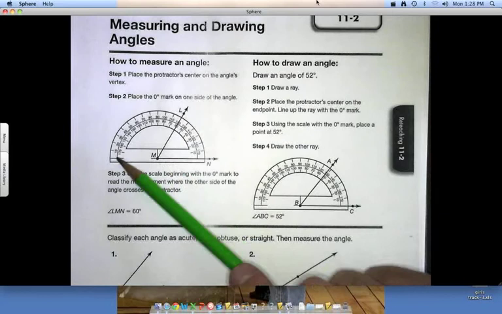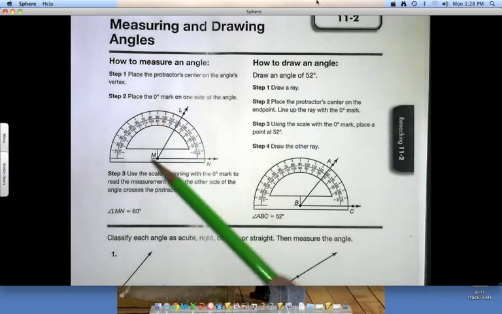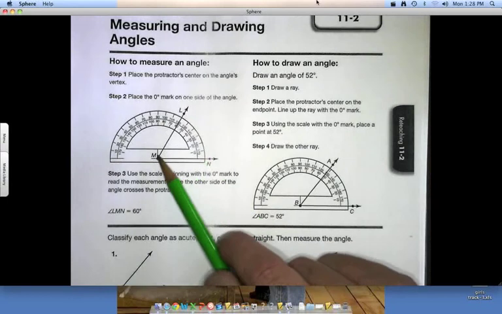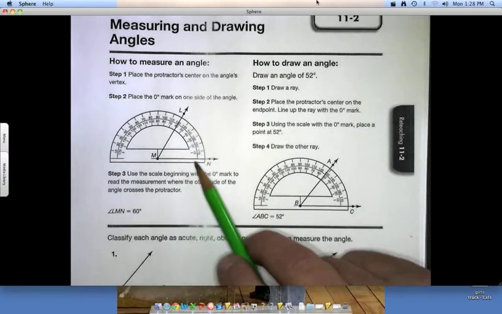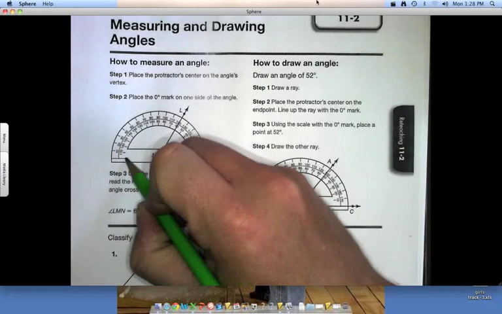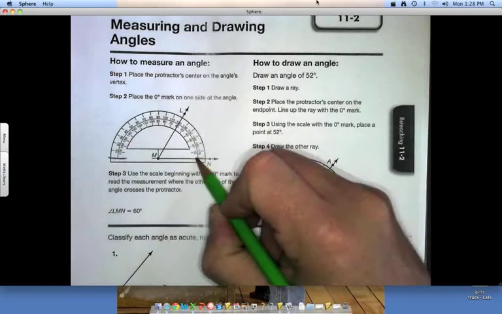So you place the protractor so that the center of the protractor is on the angle's vertex, and then place the 0 degree mark on one side of the angle. So this is the 0 degree mark right here. It's also 0 degrees over here, and of course there.